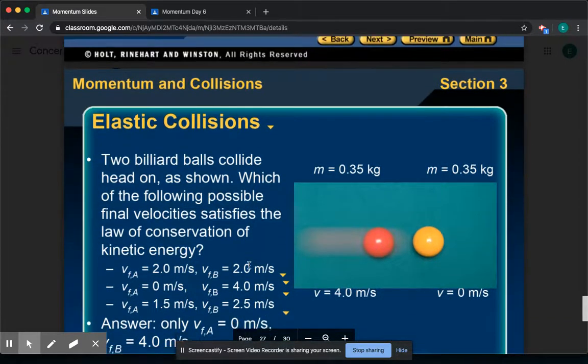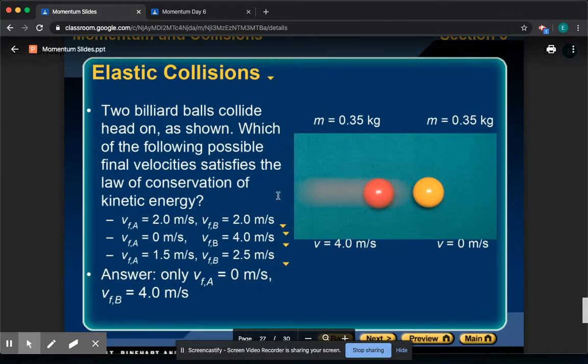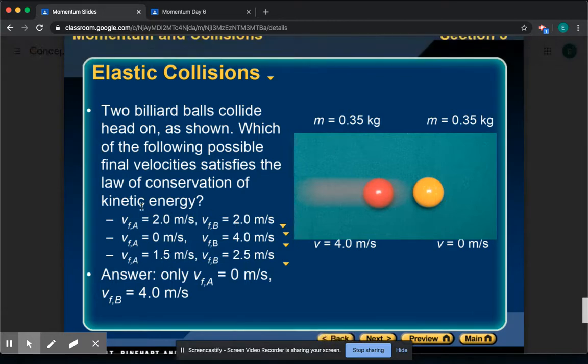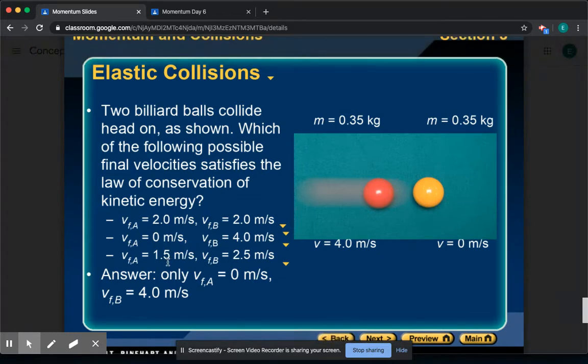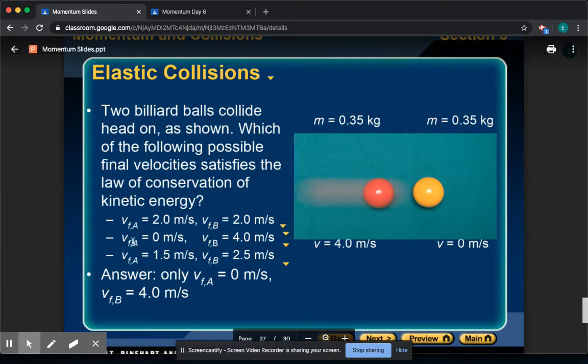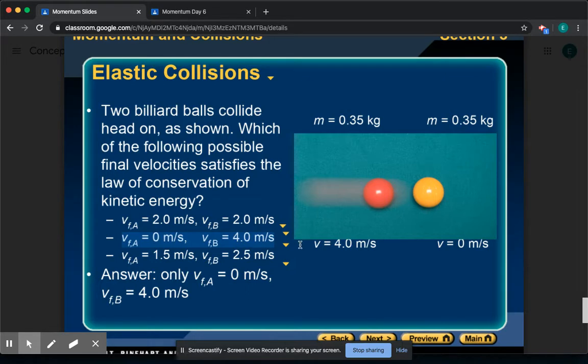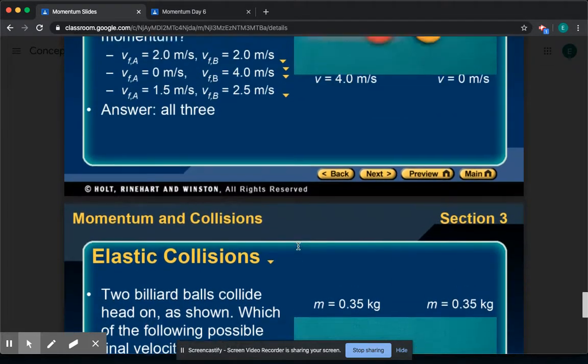But if you go to the next slide, since this is an elastic collision, it's saying which of these sets would satisfy the law of conservation of energy. And in this case, only one of them would work, and the only one that would work is the middle one. So this middle one would be your answer if you were asked to find the velocities of these two balls.